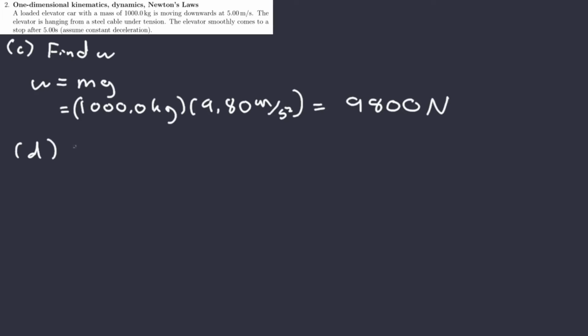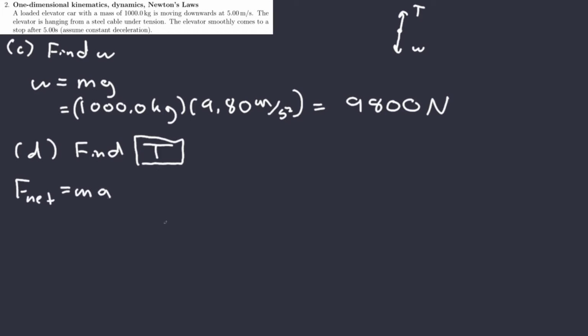Part D says find the tension on the steel cable. So we labeled this as capital T. I'll redraw our FBD again here. We have T going up and we have W going down. So to find T, we need to use Newton's equation F net equals m times A. Now the way that we find F net, we always go back to our diagram and we label the forces here and we recognize which ones are pointing up and which ones are pointing down, and we construct our equation that way.